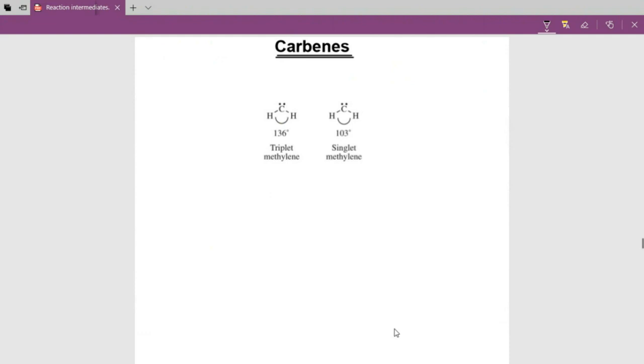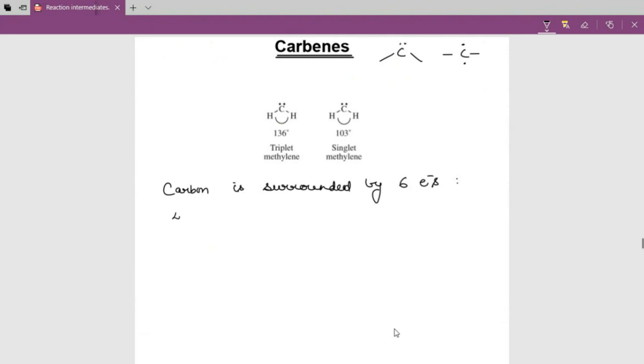Carbenes are represented as either this or this. Carbenes are reaction intermediates in which carbon is surrounded by 6 electrons.